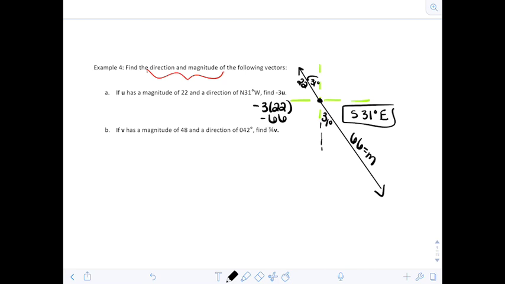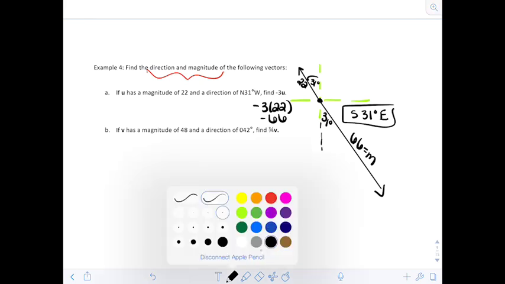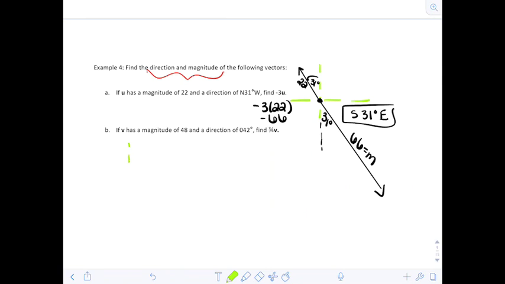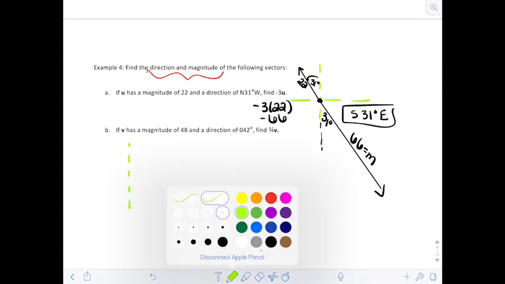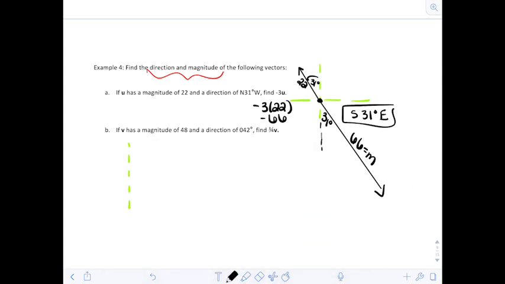Okay, and lastly, letter B. If v has a magnitude of 48 and a direction of 042 degrees, find 3/4 v. So we have a true bearing. There's my north line. 42 degrees might be here, and it has a magnitude of 48.